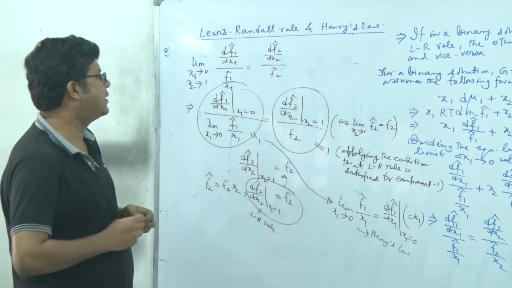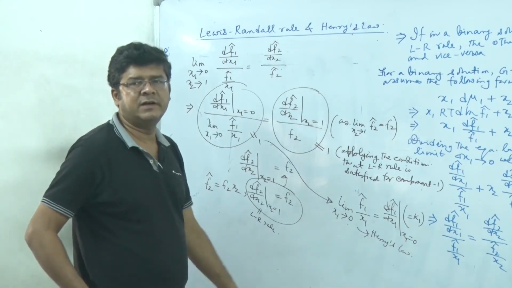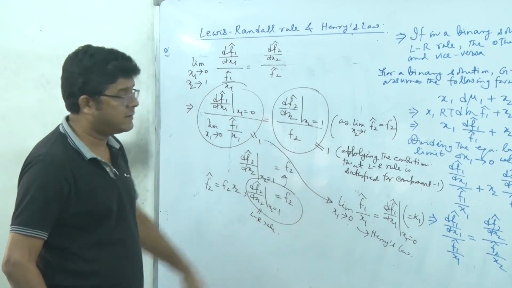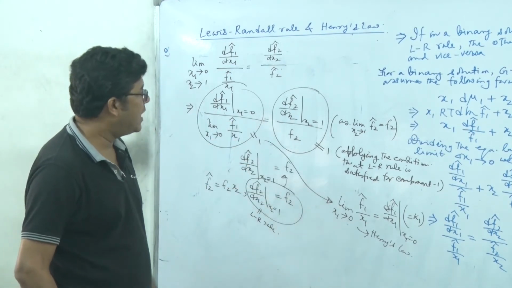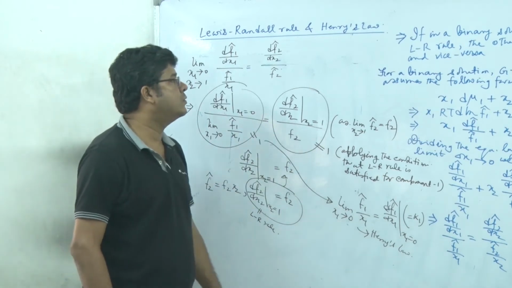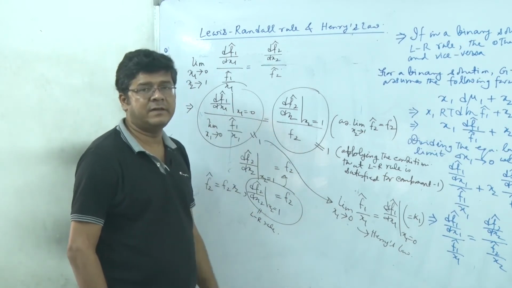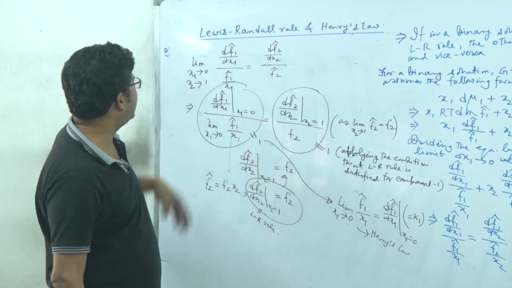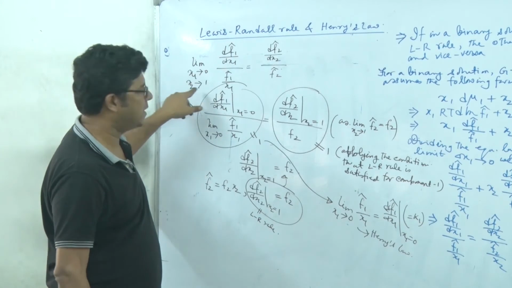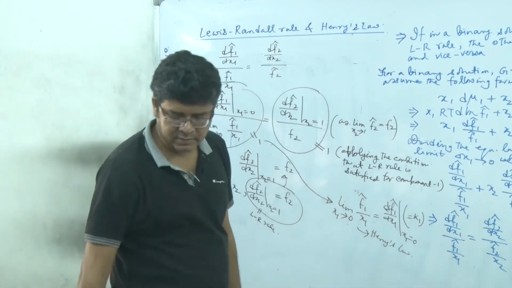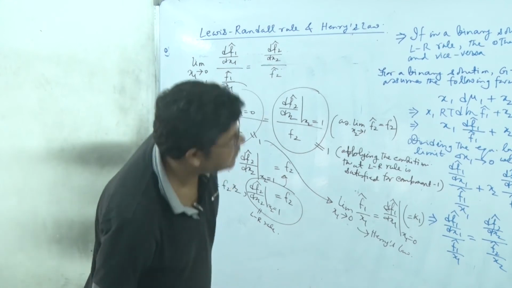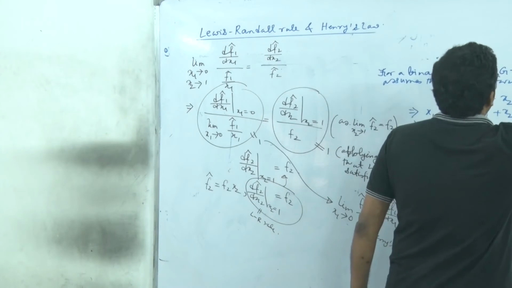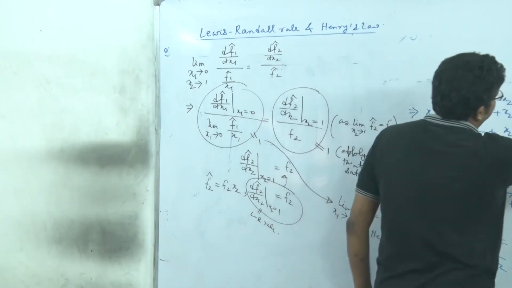So if component 2 satisfies the Lewis Randall rule, for component 1 we have established that it is satisfying Henry's law, and also the vice versa is true: if component 1 satisfies Lewis Randall, component 2 must satisfy Henry's law. There we have to change the limit, x1 tending to 1 and x2 tending to 0, right? So this is the formal proof of the statement that in a binary solution, if one component obeys Lewis Randall rule, the other is going to satisfy Henry's law.